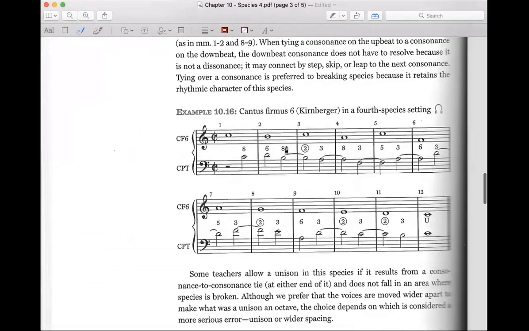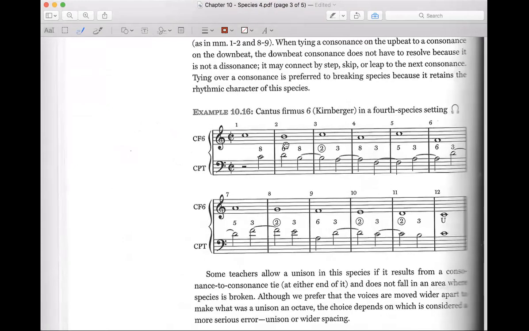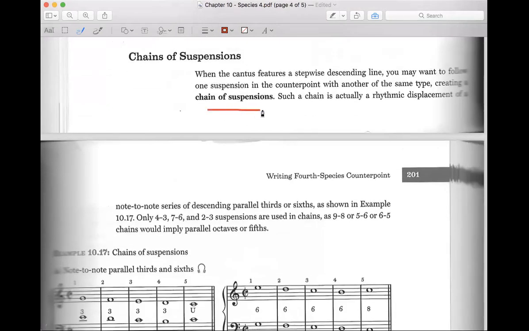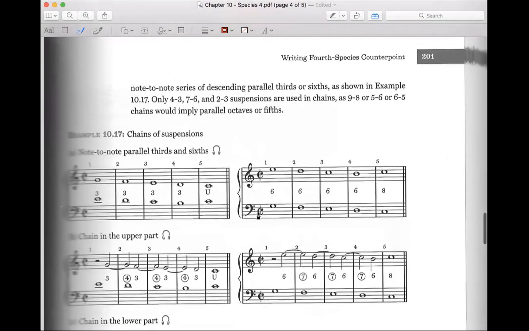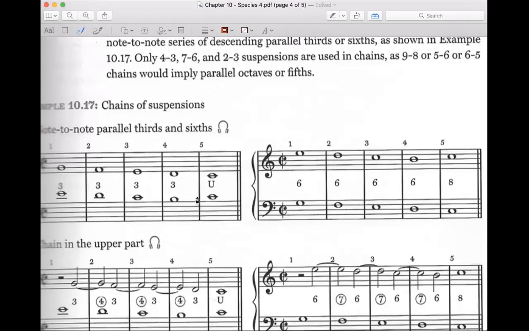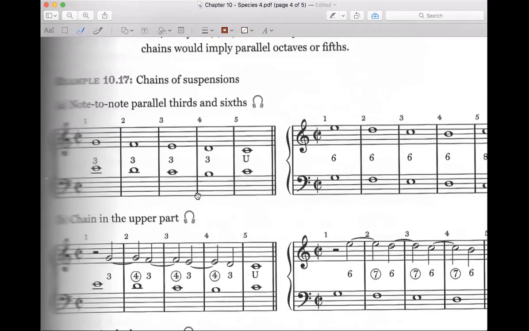And there's one other aspect which is important, and that is something called a chain of suspensions. Okay, what is a chain? Well, it almost is self-explanatory. In order to best describe this, you can often think of this as a series of imperfect consonances, parallel consonances.